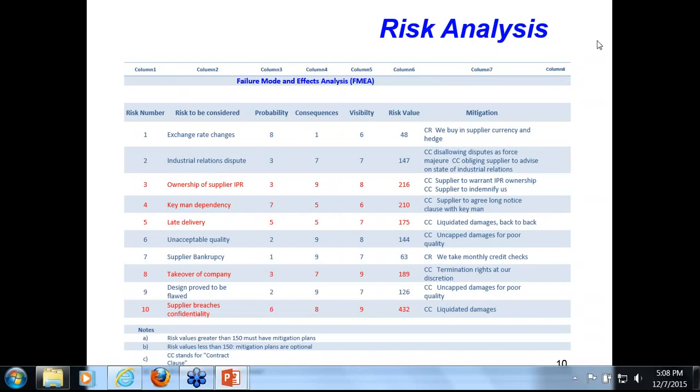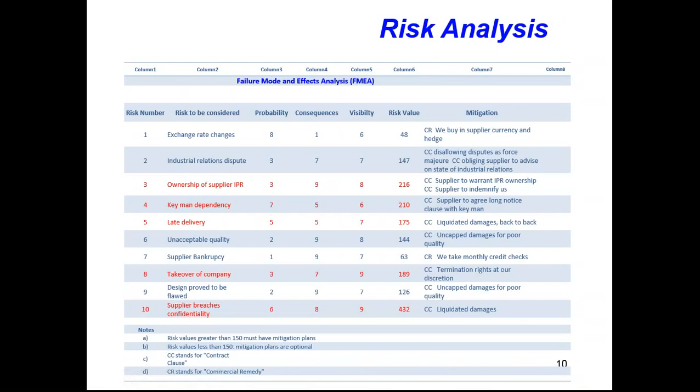For example, take the first item on the list, exchange rate changes. The probability is high; the exchange rate varies almost by the hour. This may not be that significant. We may be talking about price moving up a cent or two. In terms of visibility, maybe we're going to get some notice of major changes.